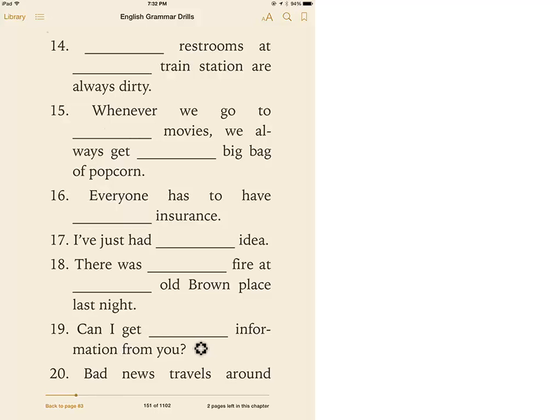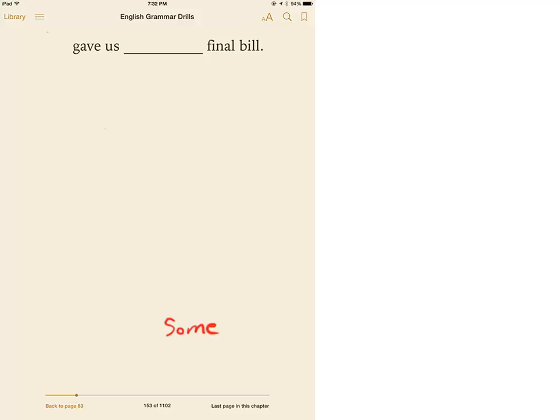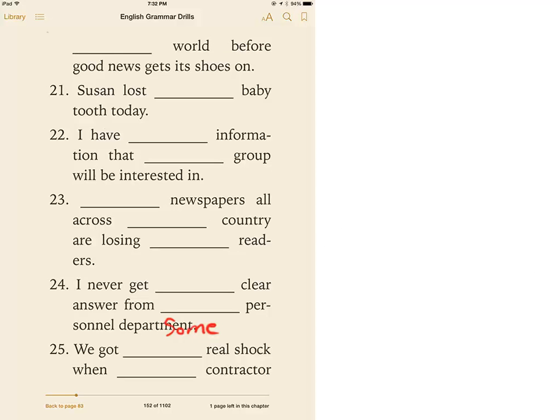Can I get blank information from you? Well, this is a non-count noun. I'm going to say some information. Can I get some information from you? And then let's take a look at the next one. Bad news travels around. Oh, I'm sorry, let's get rid of that.